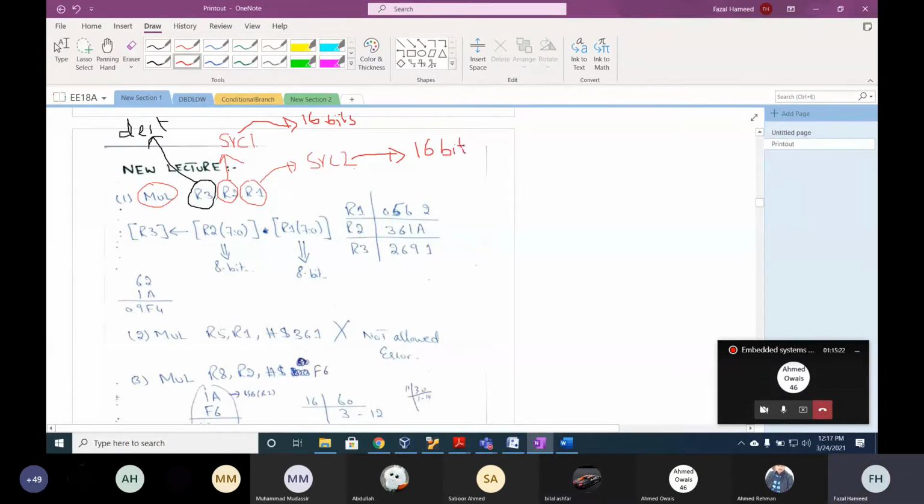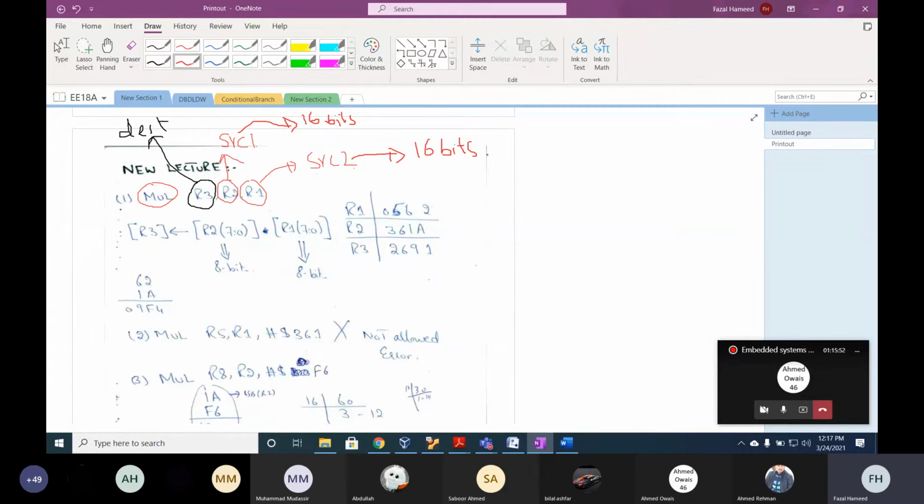Now the question: if we multiply a 16-bit number with a 16-bit number, how many bits are required to store the maximum value? 32 bits. But is the destination 32 bits or 16 bits? 16 bits. Can it fit into that? No, sir.